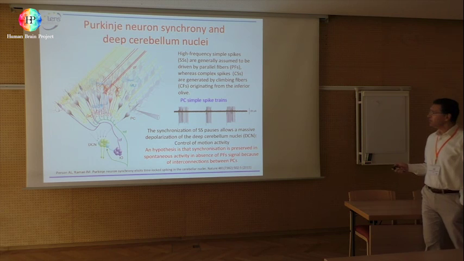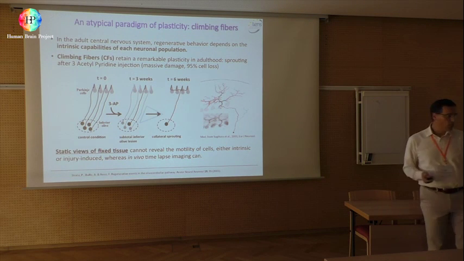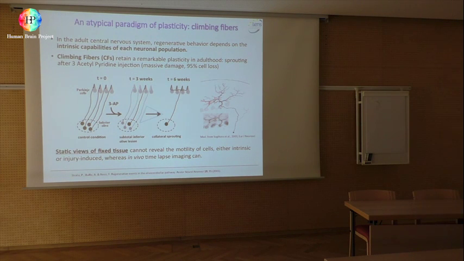Now, what happens when this system is disrupted? Climbing fibers are one of the few examples in the brain of a system which is able to self-repair after an injury. There were examples where you were massively damaging some cells, and some climbing fibers in this case, with an injection of a chemical compound.